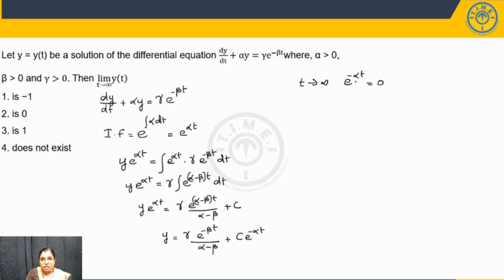Because e raised to minus infinity is 0. So what do we get? Limit t tends to infinity y of t will be equal to, this term will become 0, this also will become 0. So gamma by (alpha minus beta) into 0 plus c into 0.